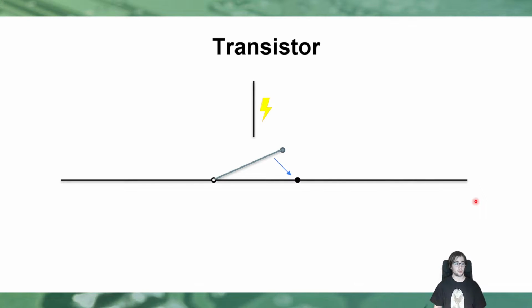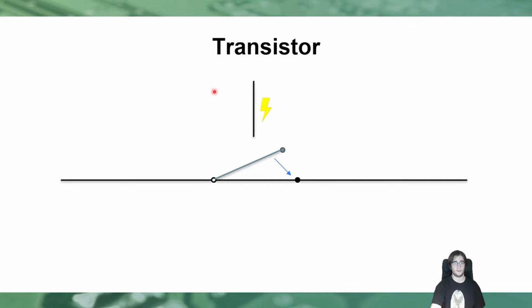Some transistors work the other way around, where usually it's closed, but if you put electricity onto it, it will open, and electricity won't flow anymore through it. And of course, if you have positive electricity or negative electricity on the gate, it can also switch. To that we go a bit later again, but that's all a transistor does.